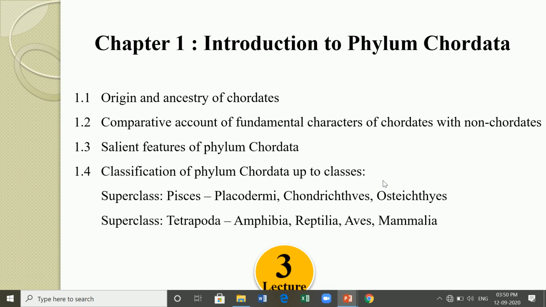So we are going to classify the phylum Chordata up to the classes, and we are going to learn the superclass Pisces. In the Pisces there are Placodermi, Chondrichthyes and Osteichthyes, while superclass Tetrapoda contains the classes Amphibia, Reptilia, Aves and Mammalia. So in this topic we are going to see the generalized features of all these classes along with their examples, and there are a total of 3 lectures allotted to this chapter.